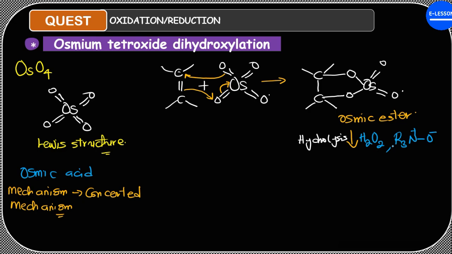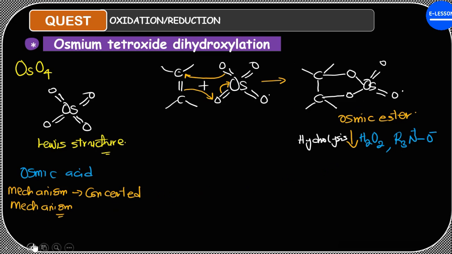Now, when you talk about hydrolysis in chemistry generally, what they are trying to tell you is a breakdown of something. Are you getting it? So this complex here, let's say this is the osmic ester intermediate, will be broken down, and when it is broken down, the product is the glycol, which is something like this.